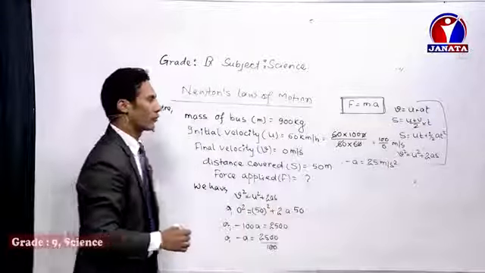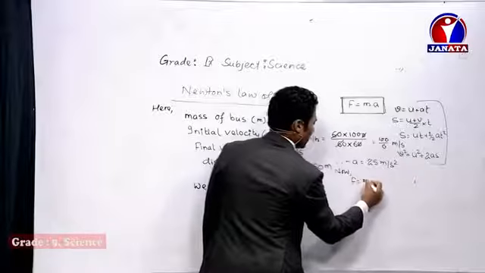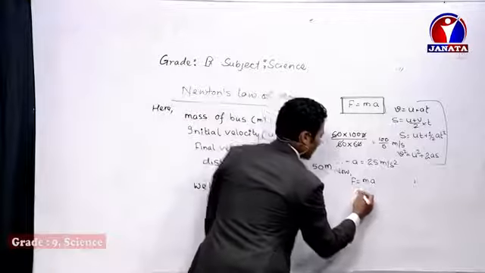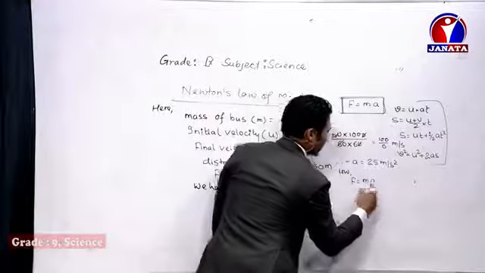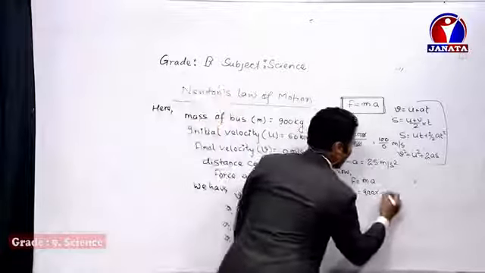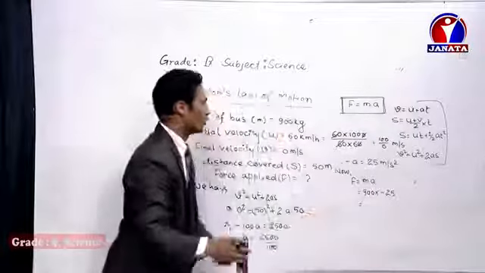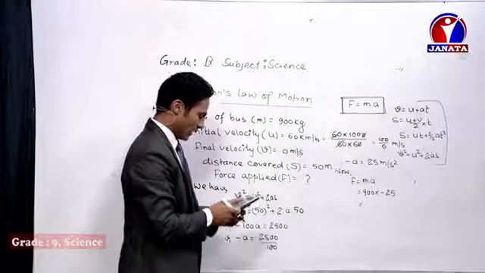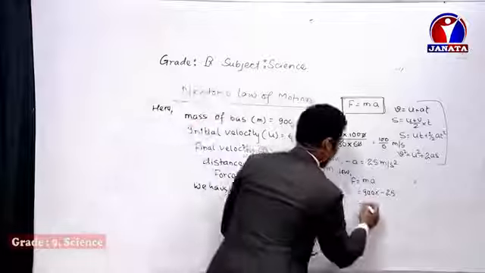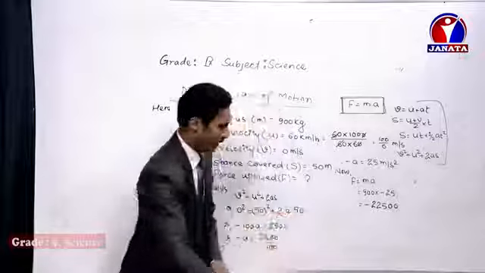Now we need to calculate the force. F equals m into A. The mass is 900 kg, so 900 into acceleration. It is retardation, so we will mention the negative value also here, that is minus 25. So 900 into minus 25, let's multiply that. 900 into 25 gives minus 22500 as the answer.